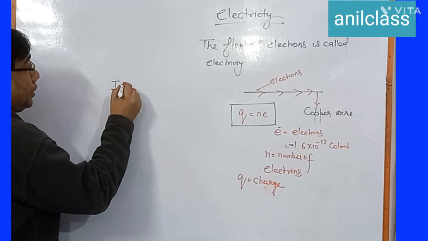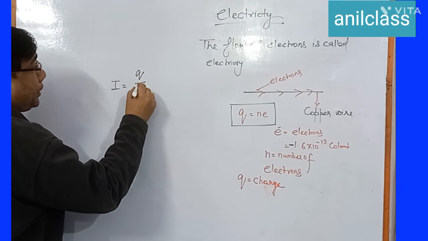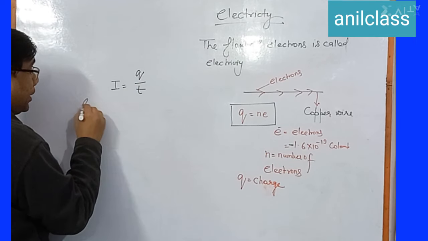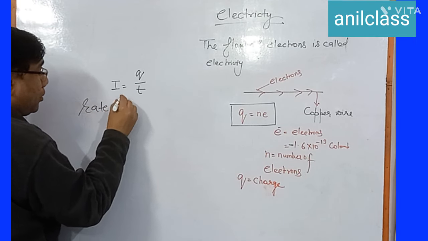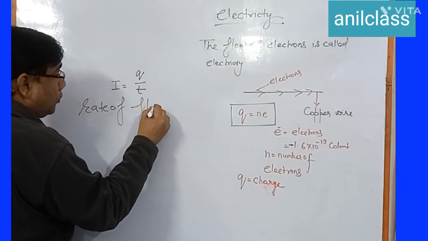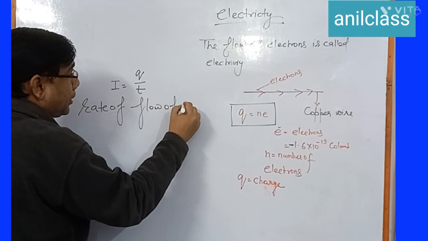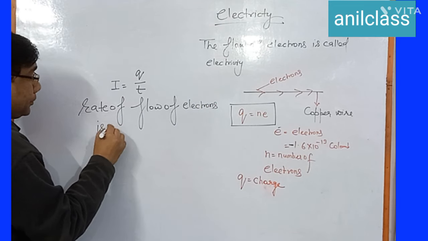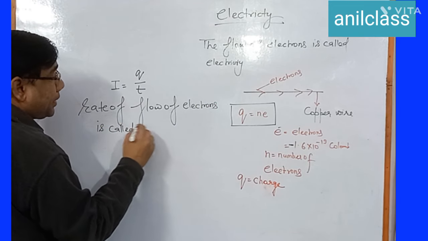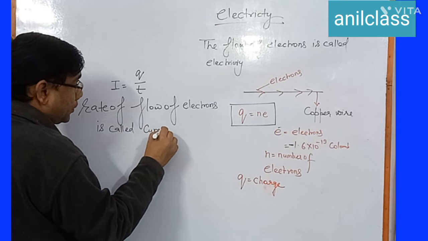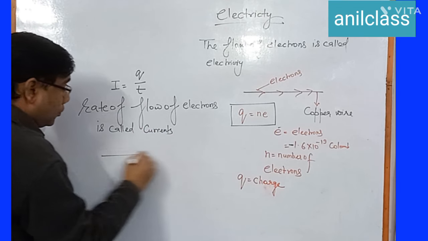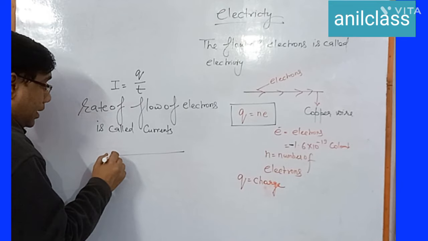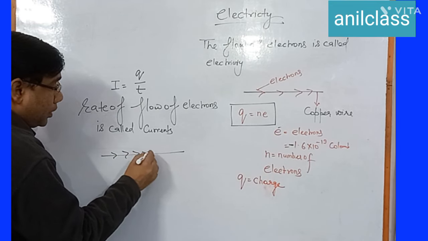I is equal to Q upon t, where the rate of flow of electrons is called current. Now this is a wire and this is the flow of electrons.